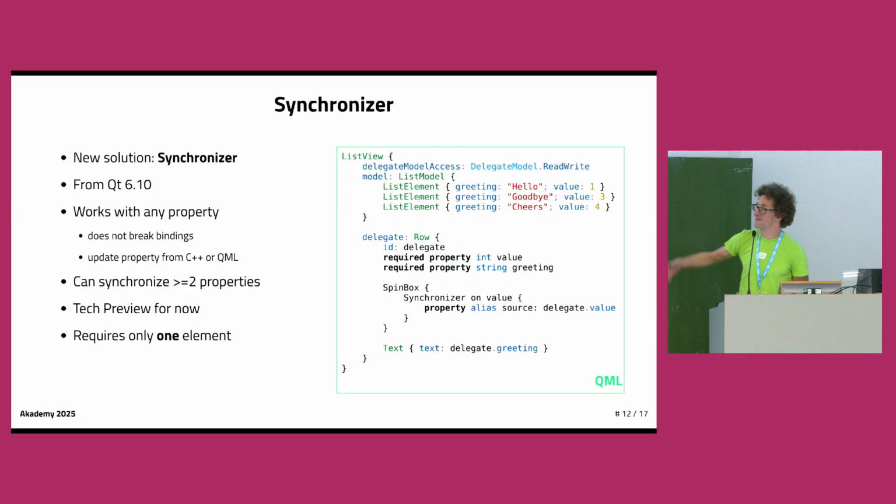But yeah, there's only one thing here, one synchronizer, and each side of the synchronizer is one property. There are about 50 different ways to set this up, either with on or with aliases, or with target and property. And those all work nicely together. And there are some options on how to determine which one is the initial value, in which direction the first synchronization takes place.